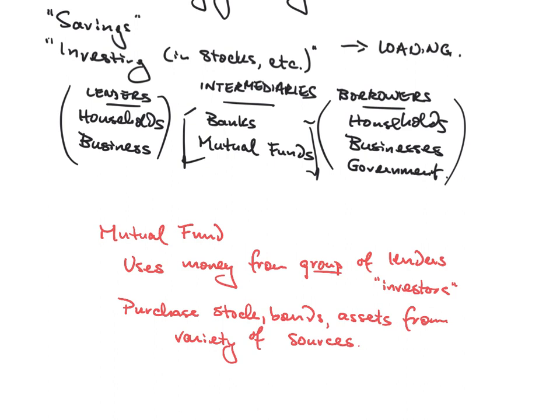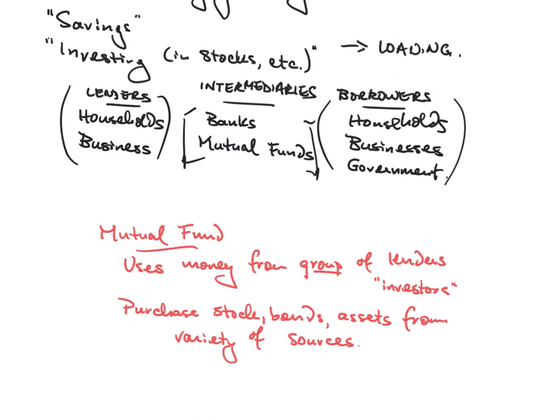From your perspective, as a lender, people think of it as they buy a share in the mutual fund, and it looks like the mutual fund has invested in a bunch of different companies, usually purchasing stock in a bunch of companies or purchasing bonds from a bunch of companies. And I'll explain stocks and bonds in a minute. But it looks like they are essentially picking out a bundle or a basket of stocks for you. It's kind of how it happens. That's a fairly accurate but greatly simplified version of what the mutual fund does.